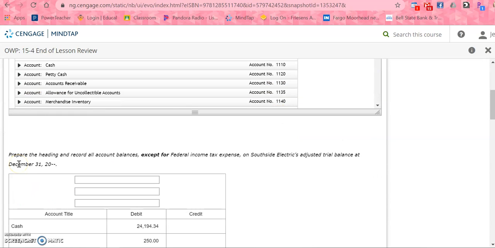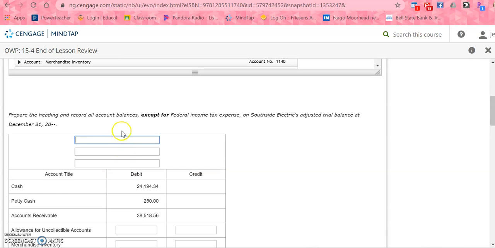It says that we are going to prepare the heading and record all the account balances except for, note this, except for federal income tax expense on Southside Electric's adjusted trial balance at December 31st. So first we need to put in our heading. Our heading is who, what, and when. So our company's name is Southside Electric.